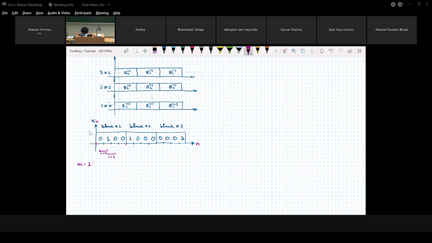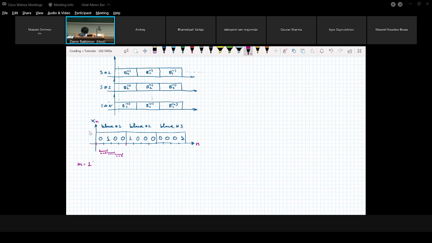Then let's consider the next, for n equals to 2 and m equals to 1, the same story. Autocorrelation equals to 0.